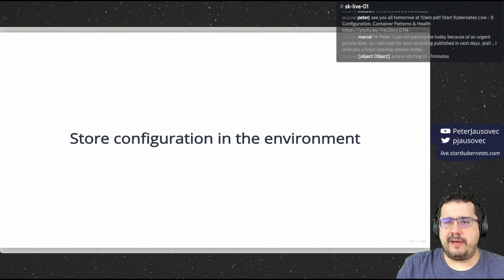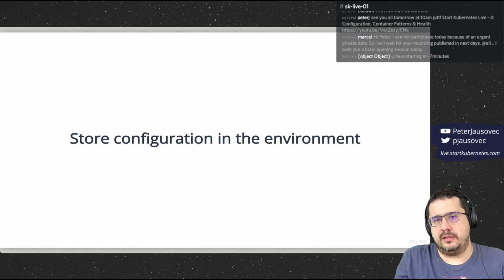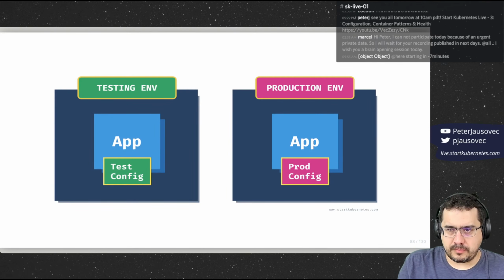So one of the factors from the 12-factor app is application configuration, specifically about storing the configuration in the environment instead of hard coding it inside your services or inside your applications. So I think it's the third factor. If you go to 12factor.net, you can see all the 12 items there.